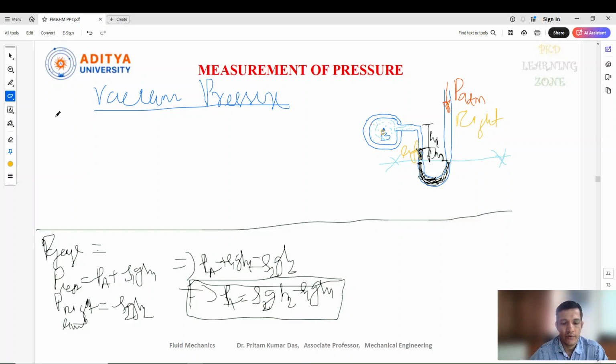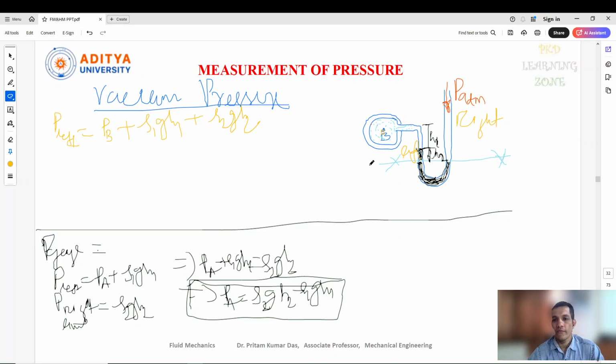The pressure at the left side equals PB plus rho 1 G H1 plus rho 2 G H2.